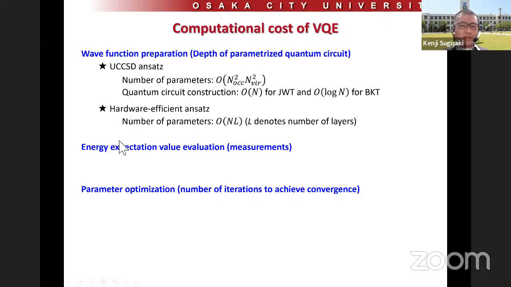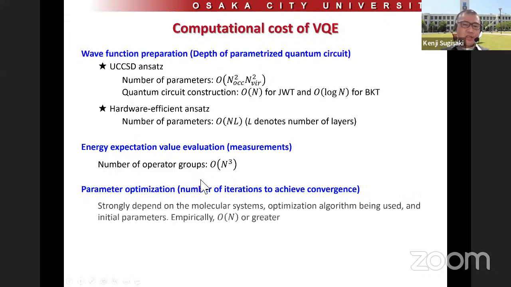For the energy expression evaluation, the computational cost is about order n to the third power. This comes from the number of operator groups. And parameter optimization strongly depends on the molecular system, the optimization algorithm being used, and the initial parameters.